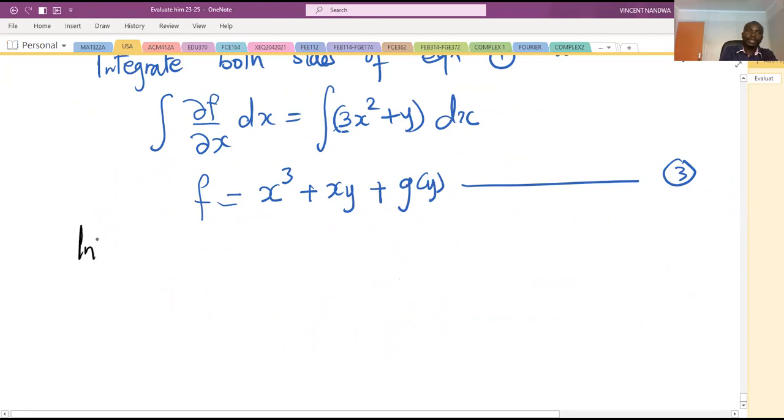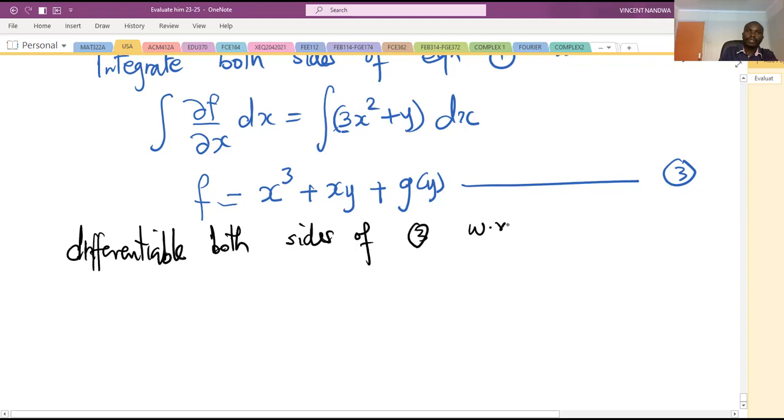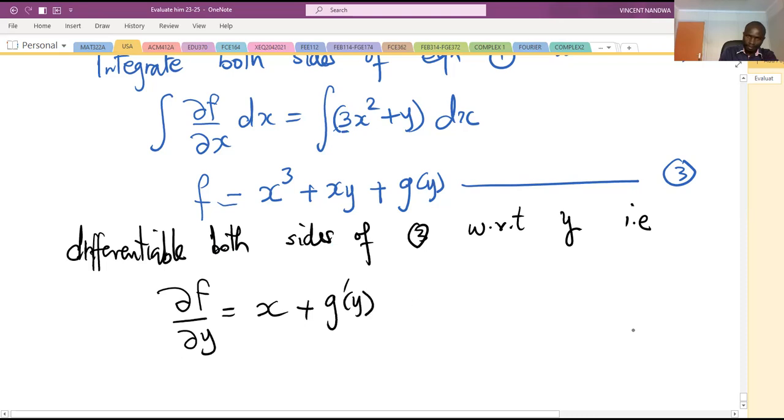So differentiate both sides of 3 with respect to y, i.e., we have partial f partial y. So this will give us 0 because there's no y here. Here we'll get x, and then plus g prime of y. So I'll call this one equation 4.